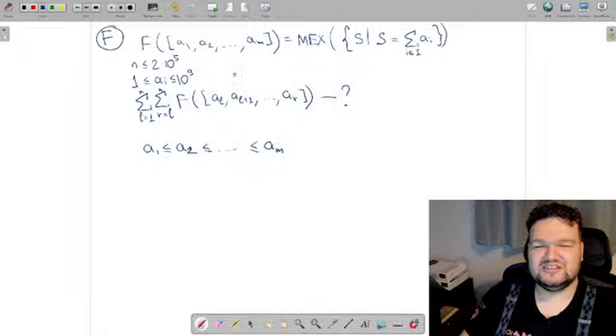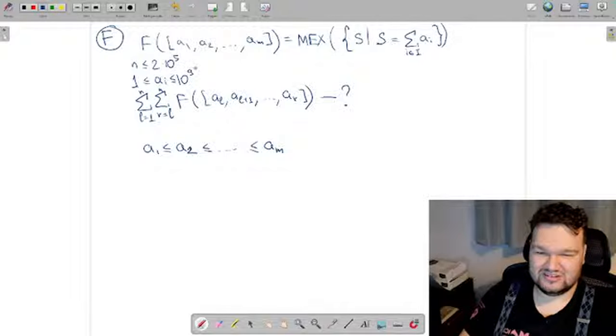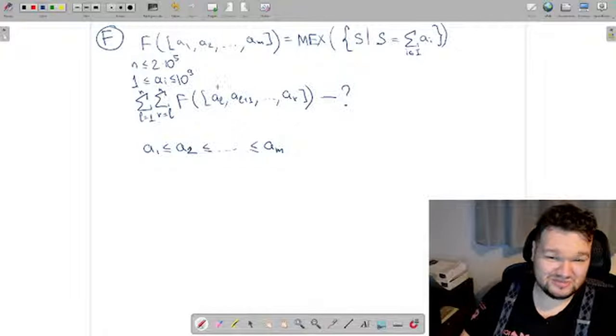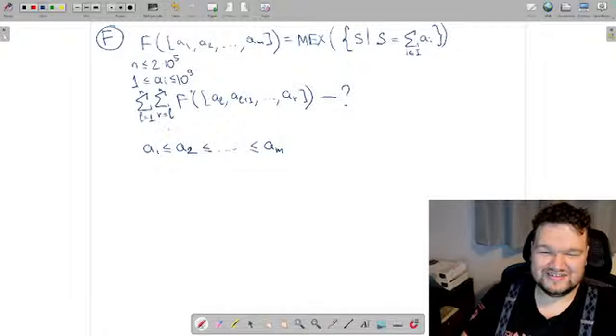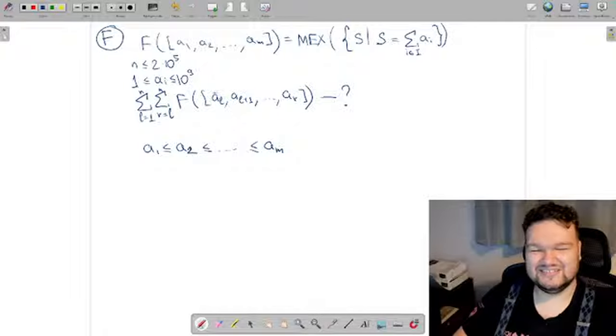If the limitations were that n and a_i are up to 100, then sure, just do what is written and it'll be great.